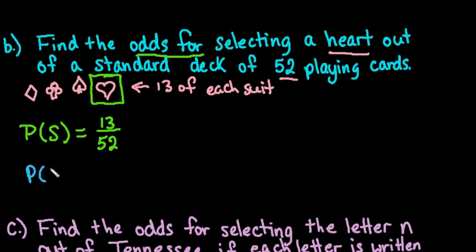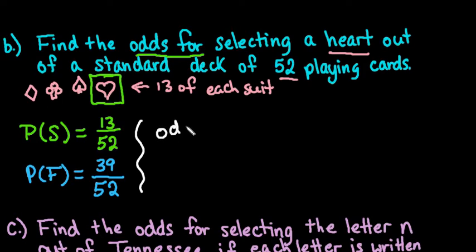The probability of failure is the probability that it's not a heart, so it's either a diamond, a club, or a spade. If I take 13 times 3, or 52 minus 13, either way, I end up with 39 out of 52, because there are 39 cards that are not hearts. That's what a failure would be in this case.